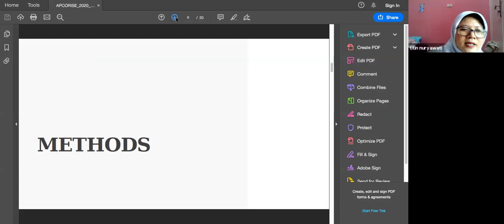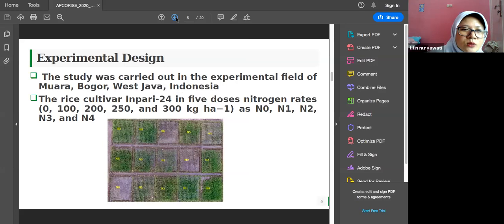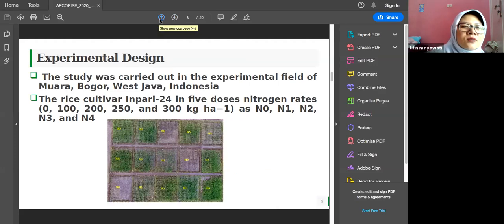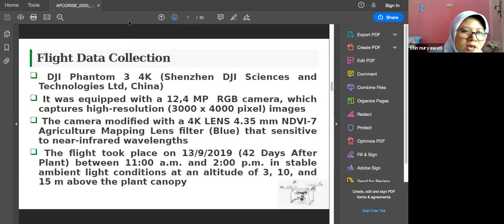Next, the experimental design. We use 15 plots of plants with 5 treatments of 5 nitrogen dose rates. We did it in the experimental field of Muara, Bogor. Then we used a UAV for flight data collection.